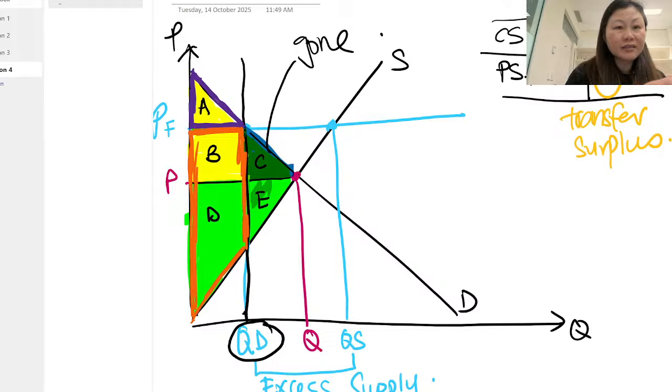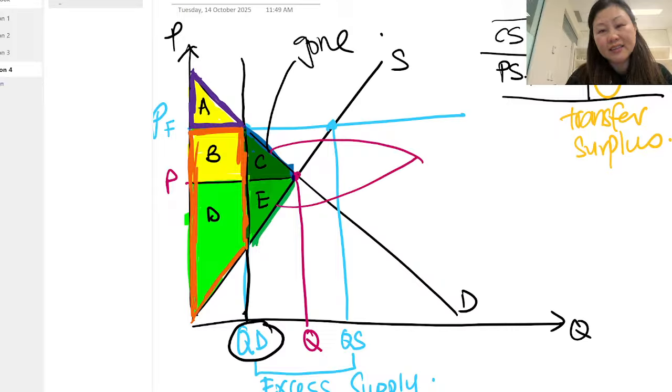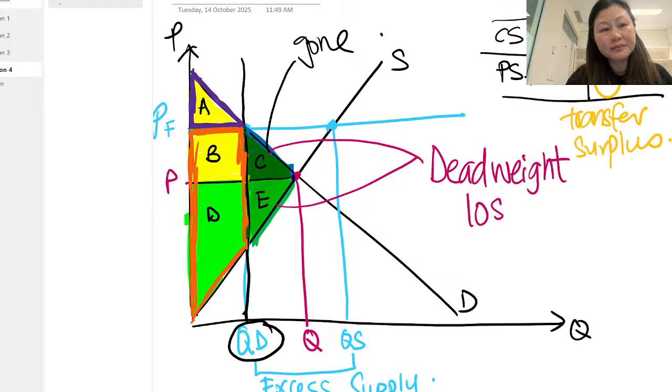The suppliers in sector E are also not going to be able to supply anymore. And as a result of that, we know that these two sectors are what we call dead weight loss.